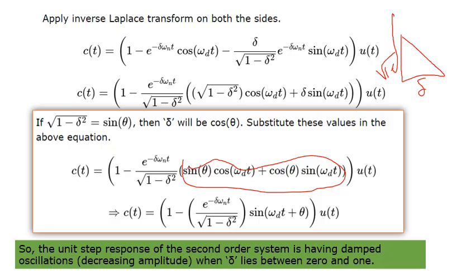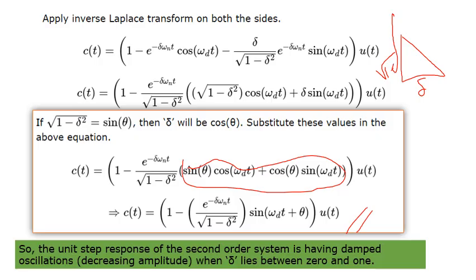So this expression is the output expression of a second order system where zeta falls between 0 and 1. And this expression is followed for many of the systems because many of the systems will follow only a second order system which has the zeta value lying between 0 and 1.